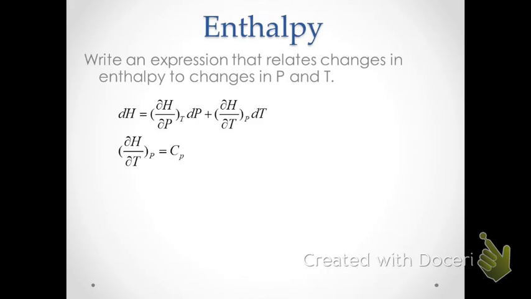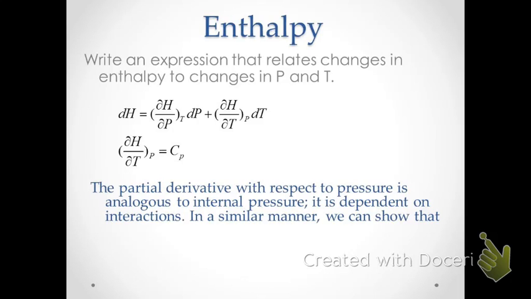We'll recognize, of course, that the derivative with respect to temperature at constant pressure is just the constant pressure heat capacity, as noted in a previous video, and we're left with this other term, which is the derivative with respect to pressure under isothermal conditions. It is analogous to the internal pressure for the internal energy.